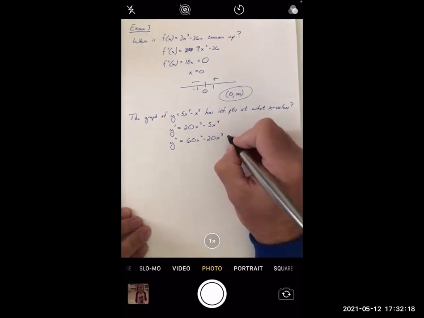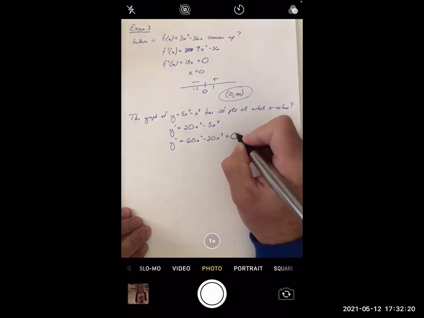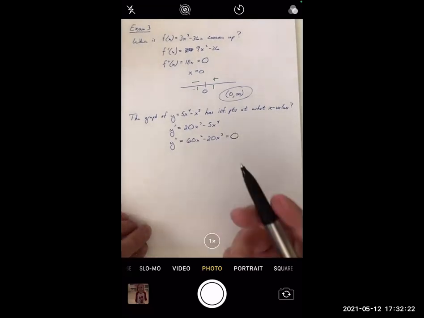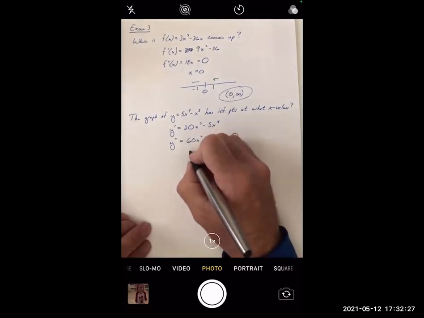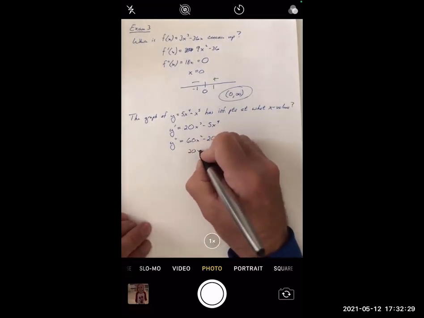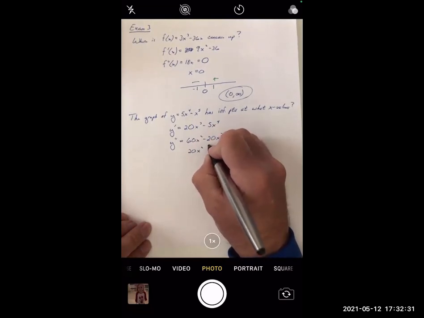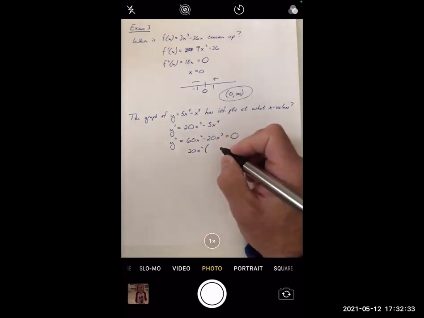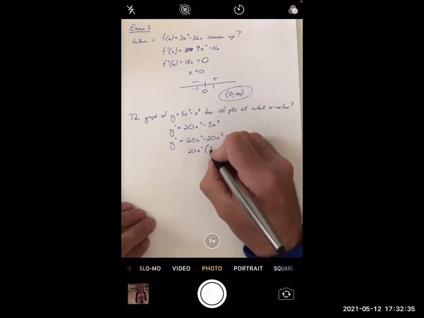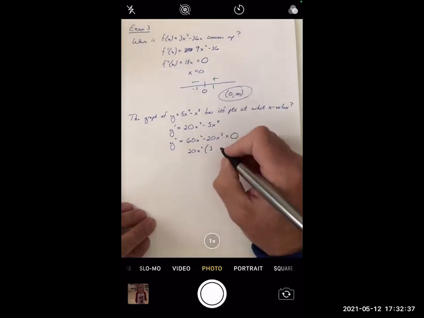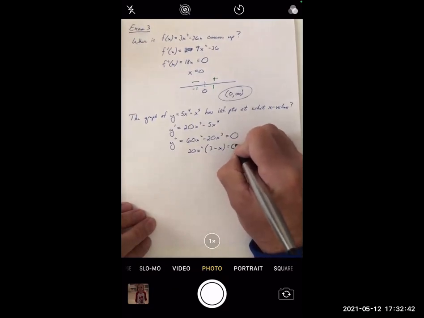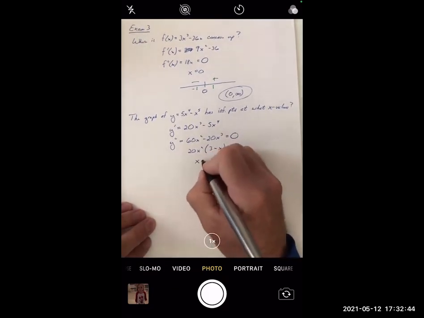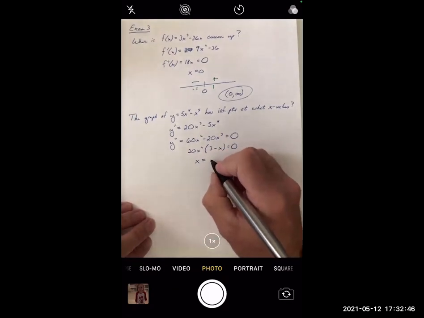Yeah. Okay, so then you set it equal to 0 and then solve for x. You can pull out what's common. You can pull out 20. You can also pull out an x squared. That would just leave you with 3 minus x. So your solutions for x would just be 0 and 3.